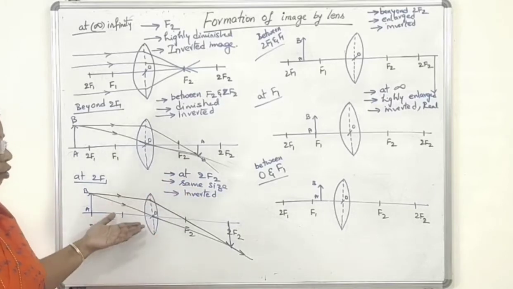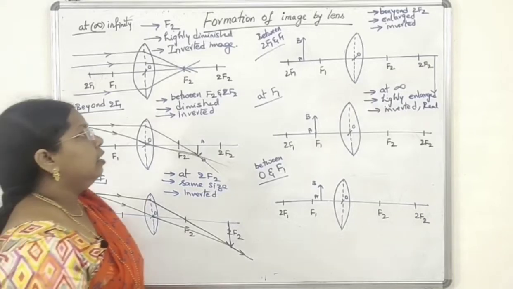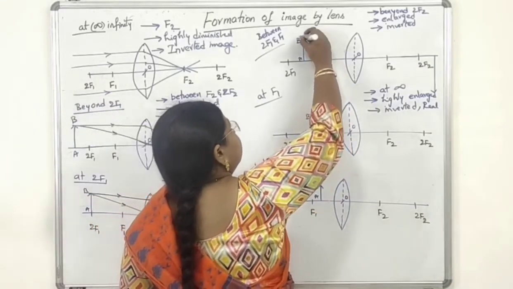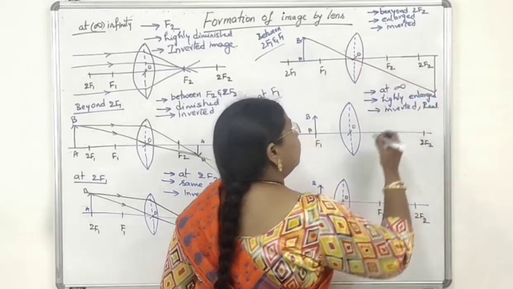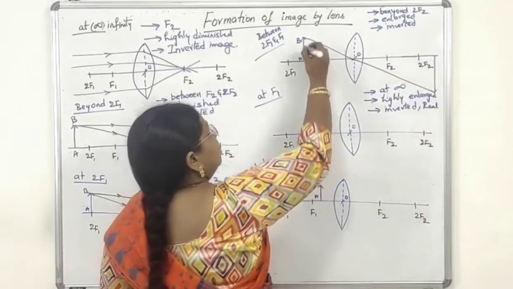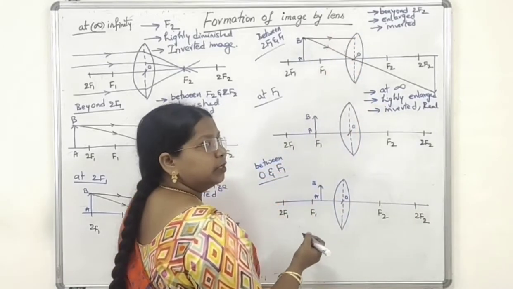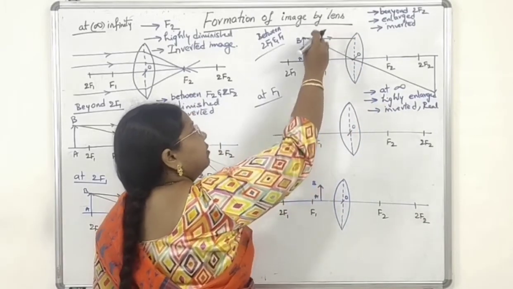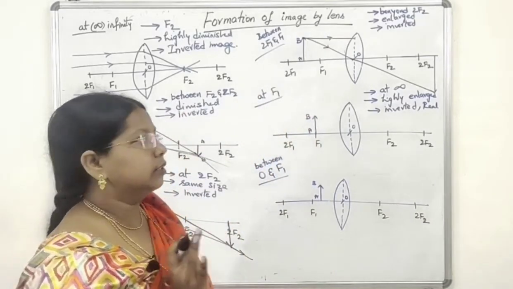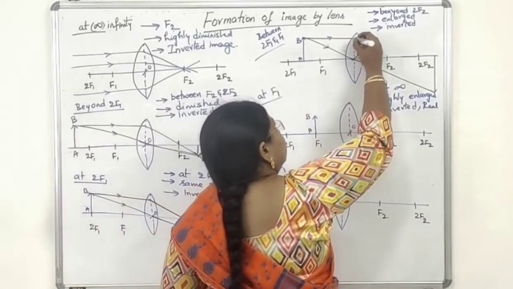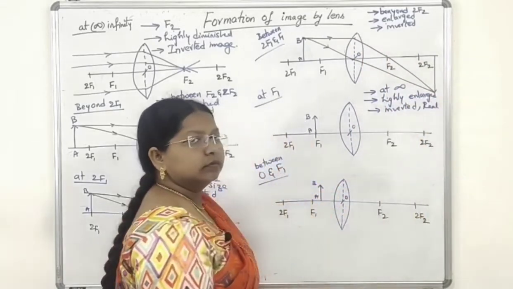Now we are drawing the rays. Two rays: one passing from the optical center with no deviation, going straight and meeting here, and the other parallel to the principal axis. Either you can take the top one or the bottom one, students. Both will meet at the same point. And this will pass from F2 and join at this point.